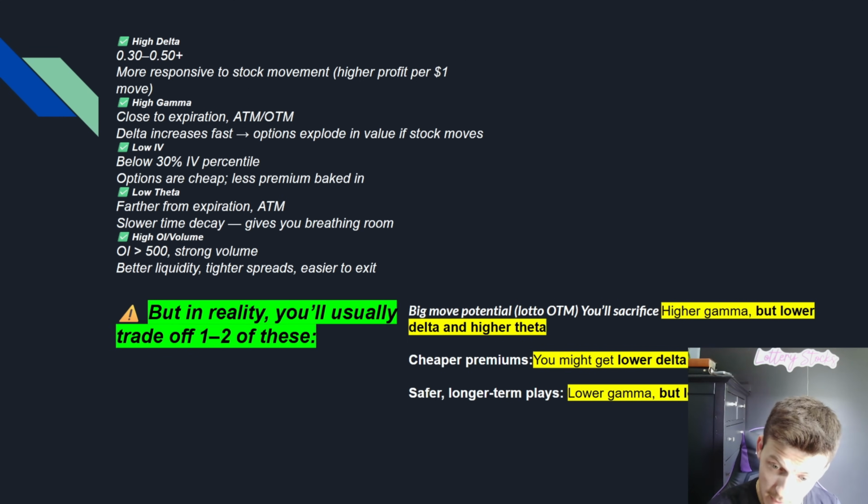If you're looking for cheaper premiums, so lower IV, you might get lower delta or less liquidity. And if you're looking for safer long-term plays, you're probably going to sacrifice lower delta, lower liquidity, and lower gamma, but lower theta too.